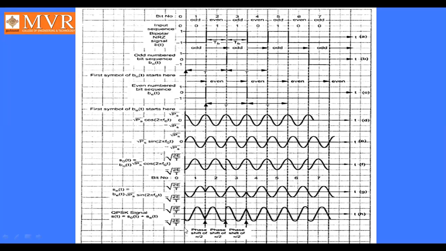90 degrees phase shift here. There exist 4 phase shifts. This is the first phase shift, second phase shift, third phase shift, and also the fourth phase shift. This is called QPSK.